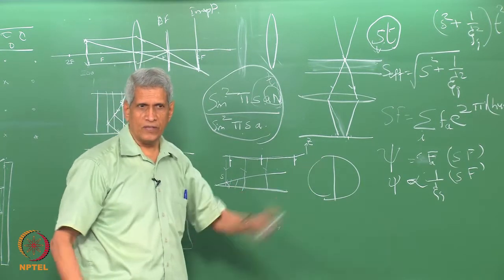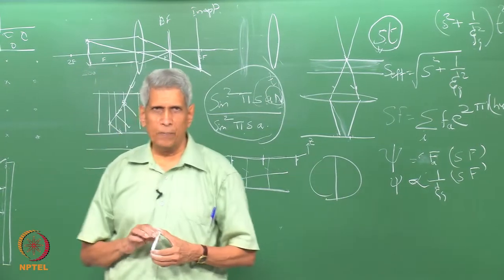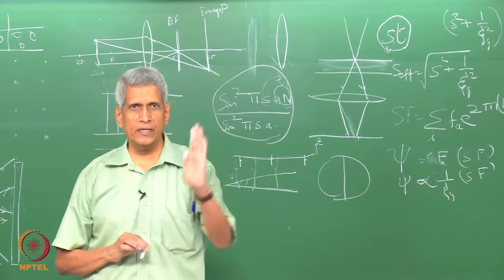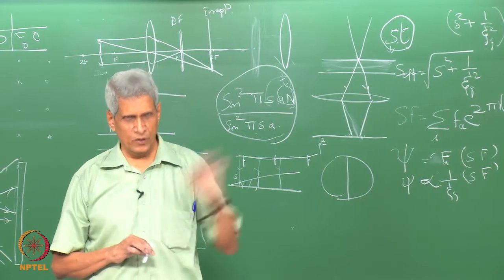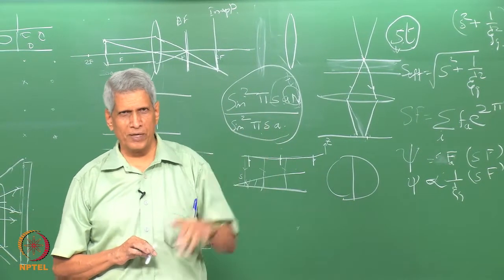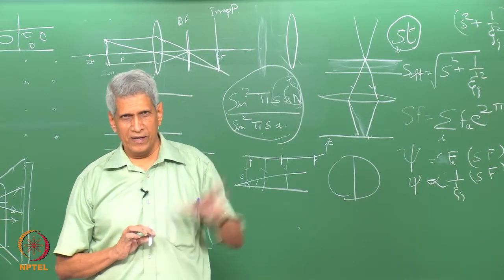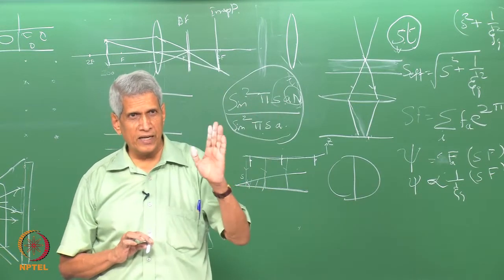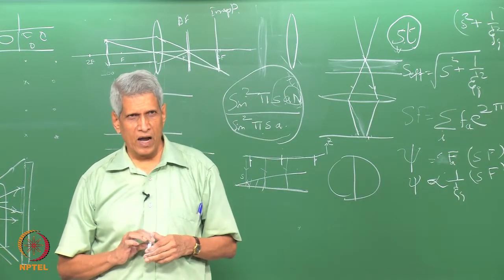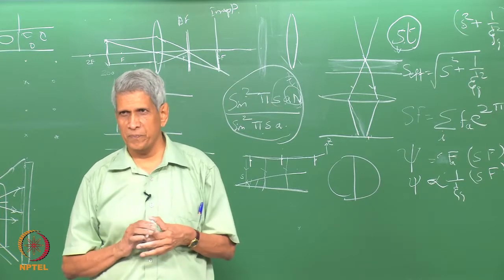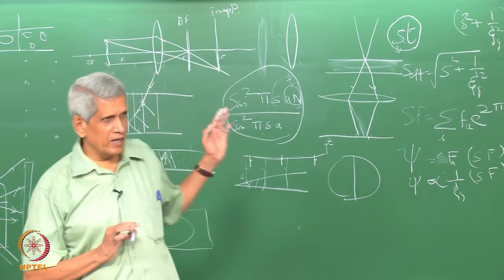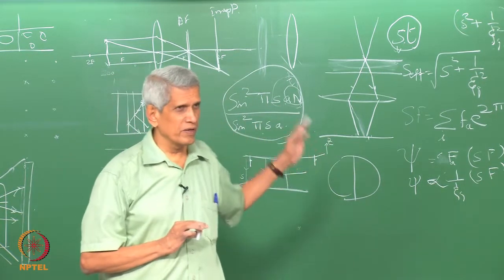As the thickness of the sample changes, what will happen is that you will again get a fringe contrast. This I will come to later and show you some examples where you can see fringes near the edge of the sample. In all samples you will invariably see it, okay. That is because of this effect.